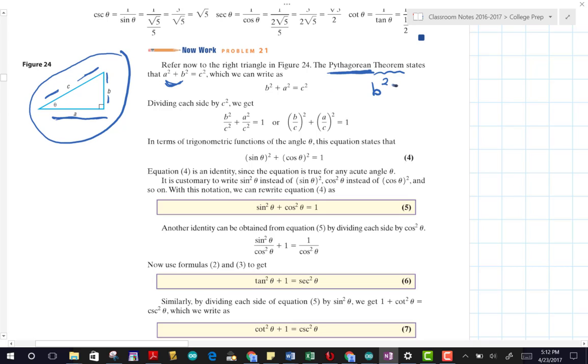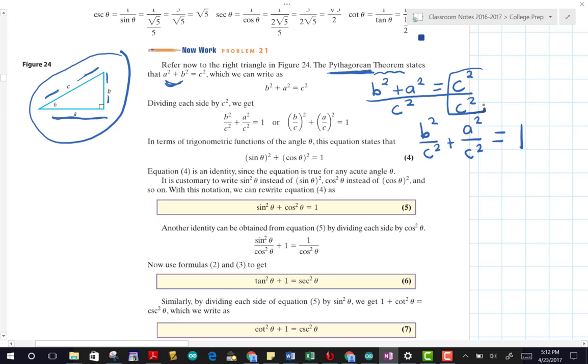I get B squared over C squared plus A squared over C squared equals 1, because C squared over C squared is just 1. Right, so here I'm going to kind of factor out the squared. So this is going to be B over C squared, and this is going to be A over C squared equals 1.